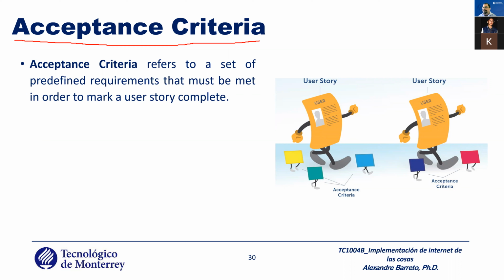The other name for acceptance criteria is the definition of done, DOD. The acceptance criteria refers to a set of predefined requirements that must be met in order to mark the user story completed. The acceptance criteria define how you validate the user story.